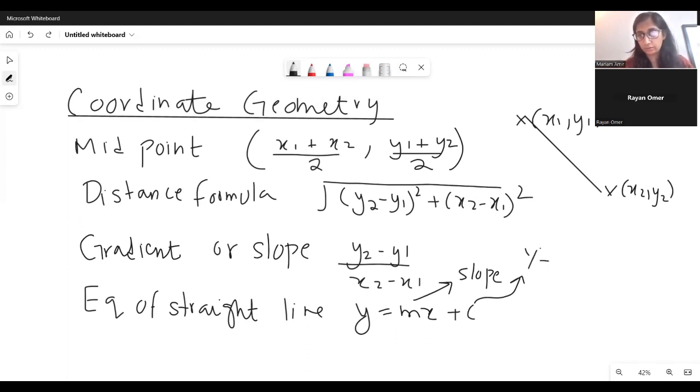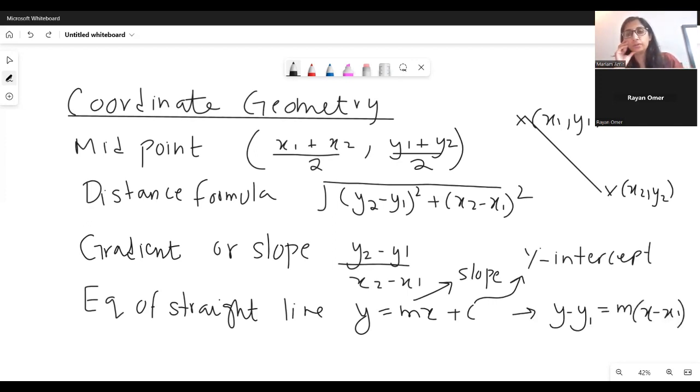Yes, Miss, point slope form. y minus y1 equals m times x minus x1. It makes sense because you just need the slope, which is m, and a point on the line, which is x1 comma y1. So either way, you don't need to find the value of c.